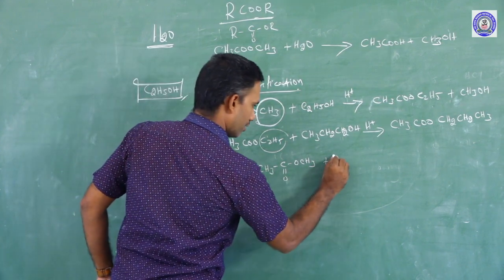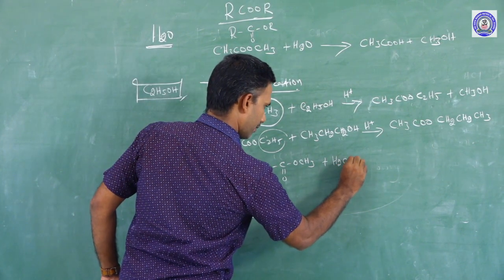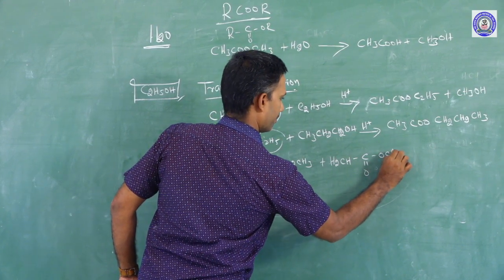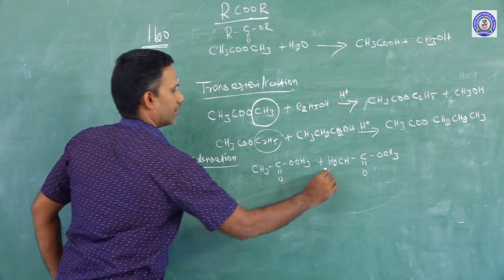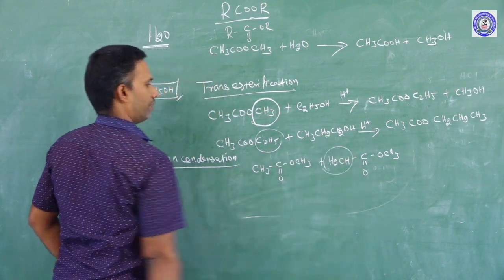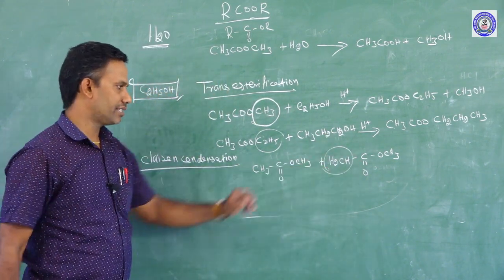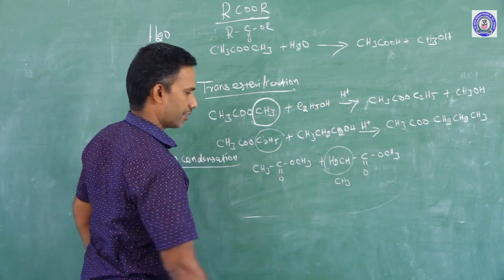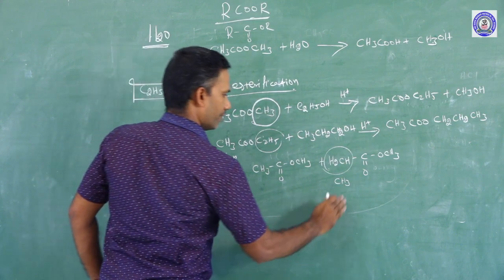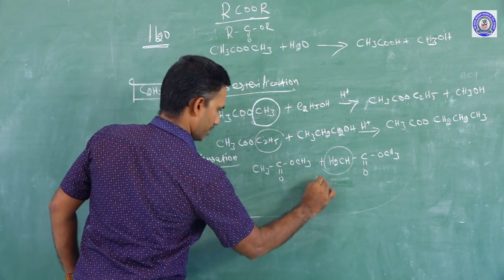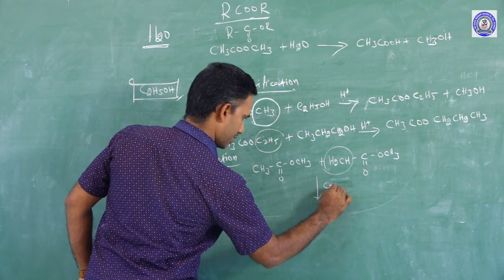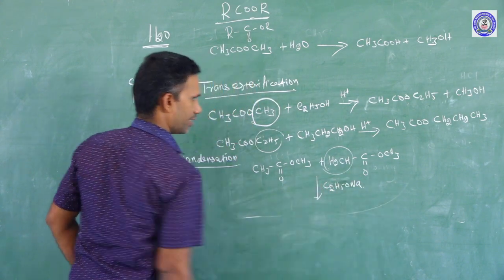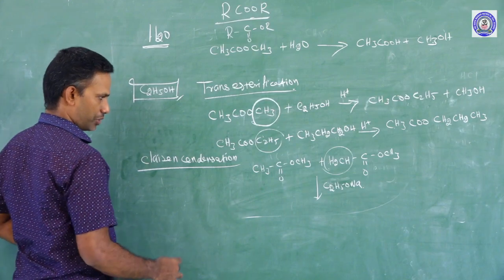See, another methyl acetate. For our convenience only, I am writing just CH3 only. For the reaction, it will be very easy. In the presence of strong basic substance like sodium methoxide, it is condensed together.